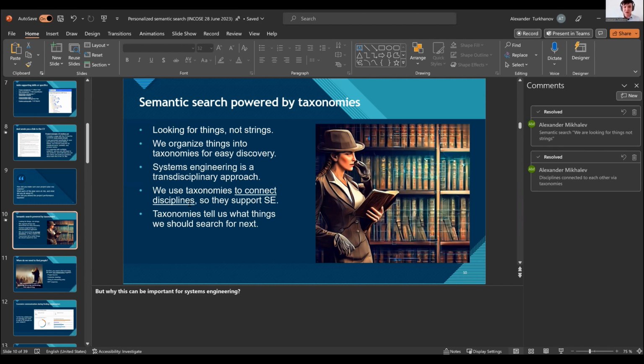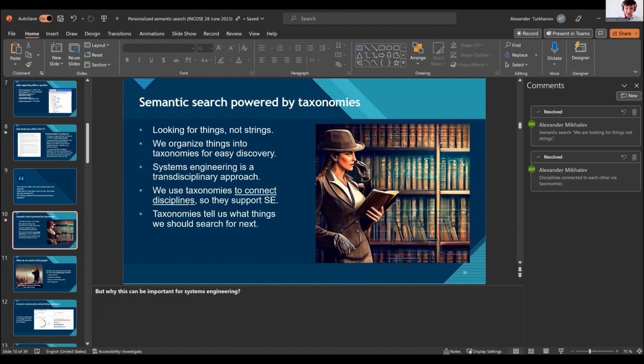These structures are taxonomies. And we claim that systems engineering is a transdisciplinary approach. So actually, we need to make people from different disciplines talk. How do we make that? We make that using, again, the taxonomies that we have in systems engineering. Systems engineering has a lot of taxonomies, and such taxonomies are presented in this systems engineering digital process model.